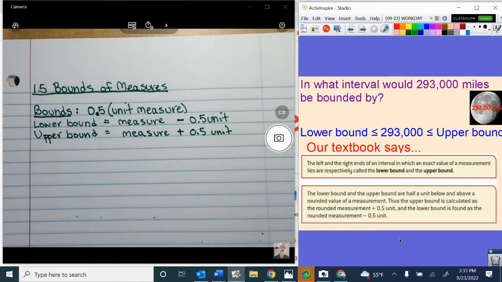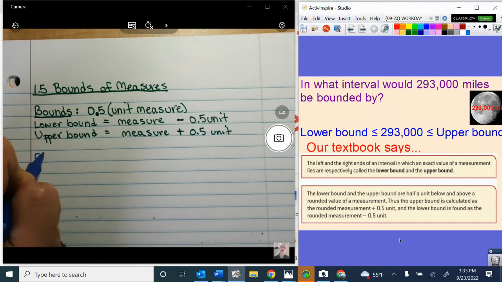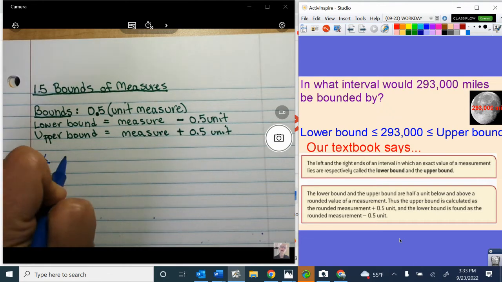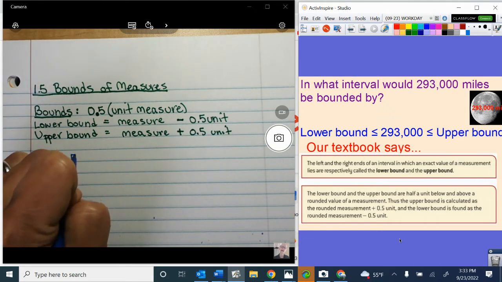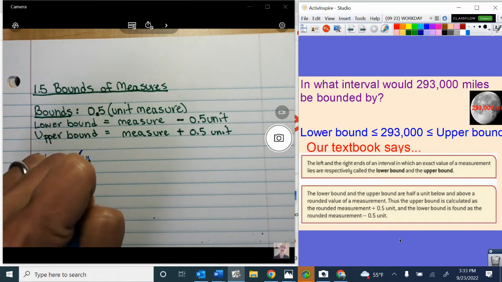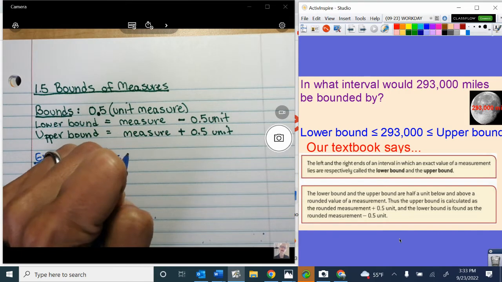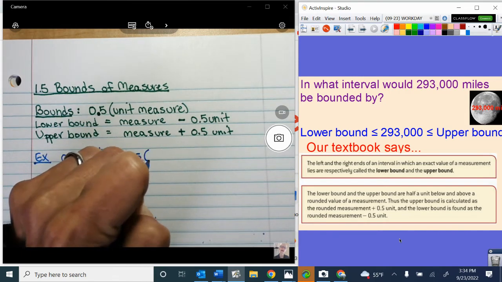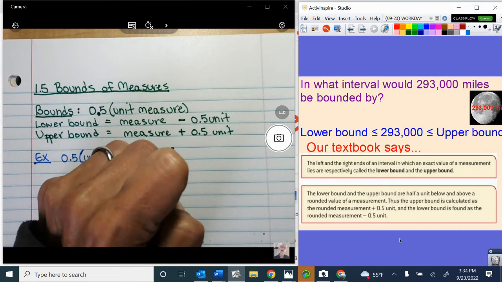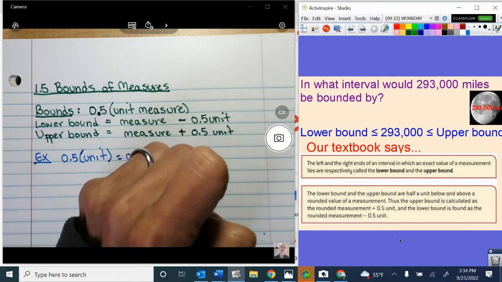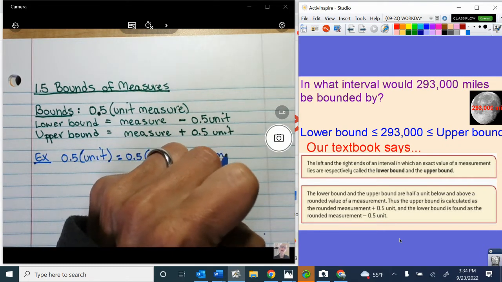So when we think about 293,000 miles, in this example, 1/2 of the unit is really 1/2 of 1 mile, which is just a half a mile.